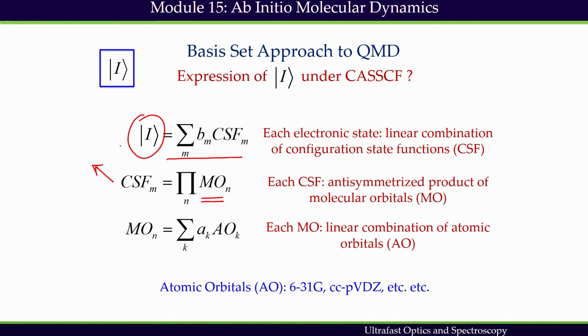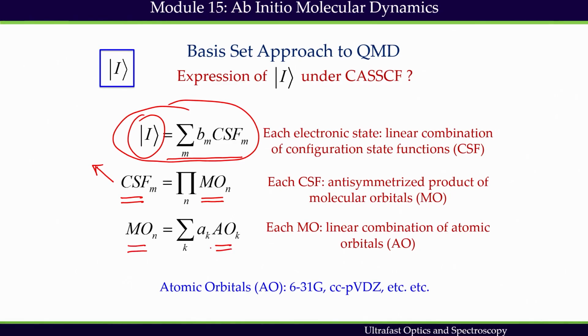In the single Slater determinant approach, for example MP2 or Hartree-Fock, we do not use this expression. We only use a single configuration state function, and that's the only difference between CAS-SCF and other single Slater determinant approaches. Each molecular orbital is expressed as a linear combination of atomic orbitals.